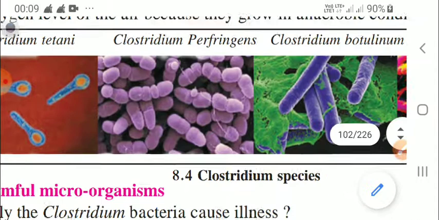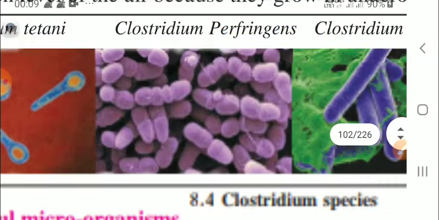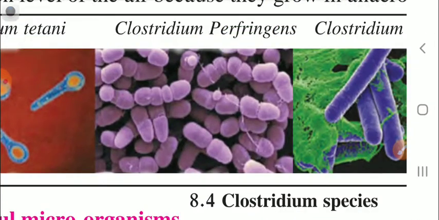So these four types of bacteria are shown here, children. You can see the structure of these bacteria here. These all are the species of the Clostridium. Now one more thing we will see here, children.